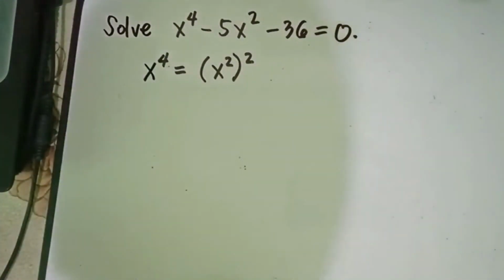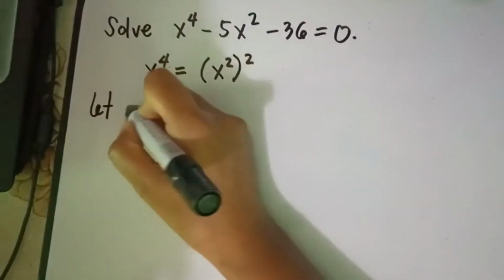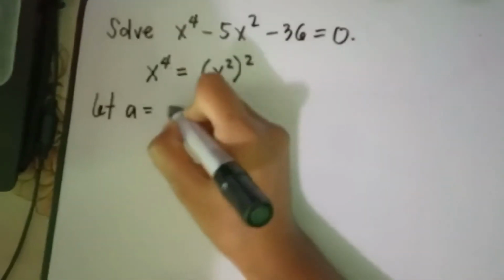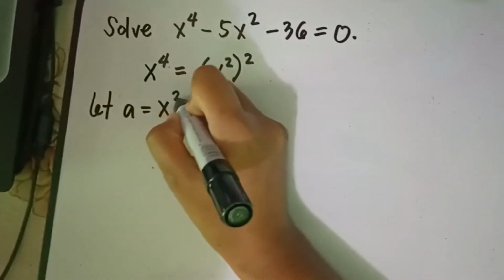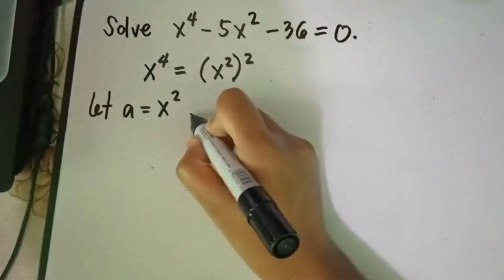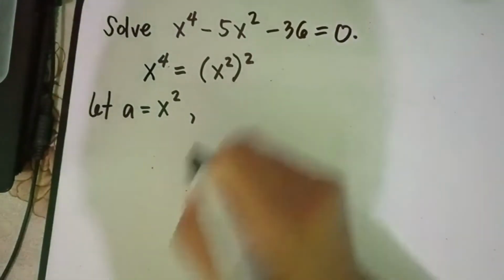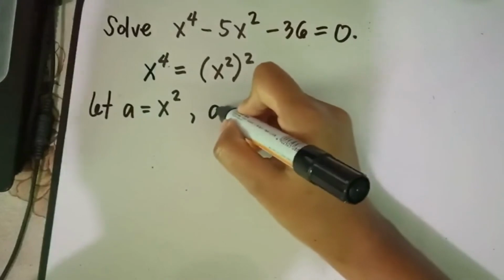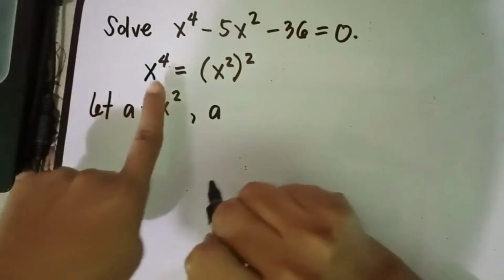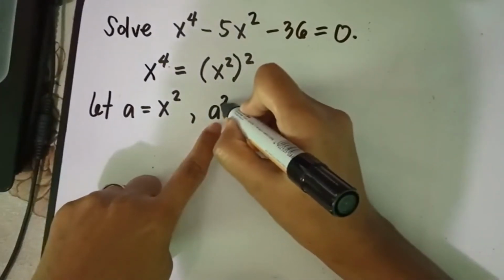We can substitute, let us say, we are going to let a equal to x squared. So, therefore, we can transform the equation in standard form, ax squared plus bx plus c is equal to 0. Okay? So, we are going to replace x squared by a. Since we have x raised to 4 and x squared is a, therefore, we have a squared.